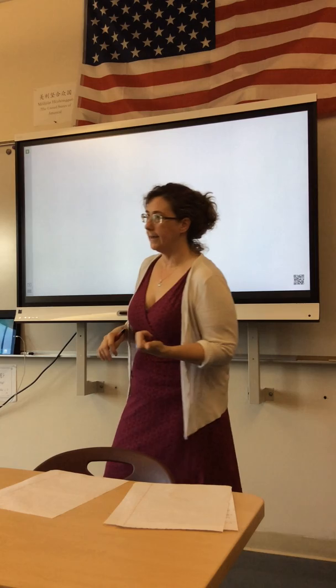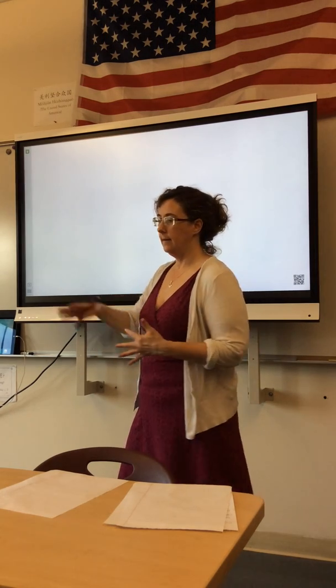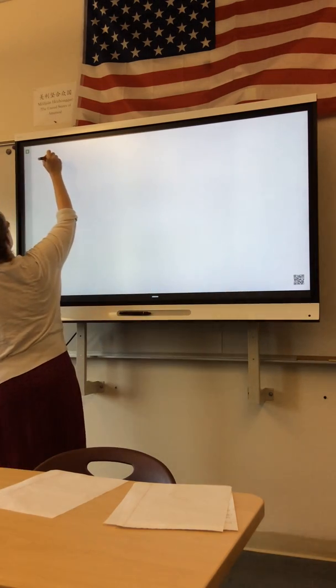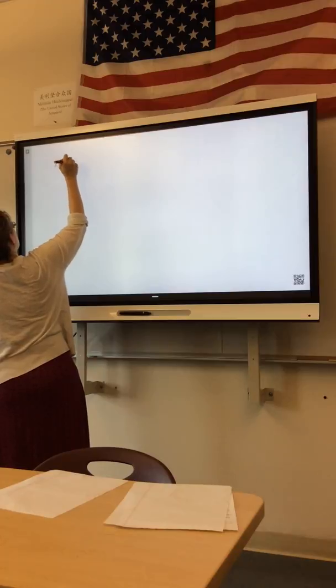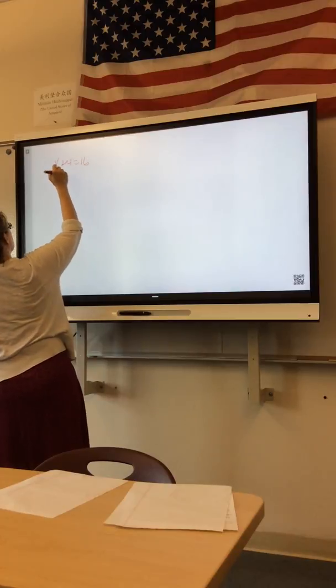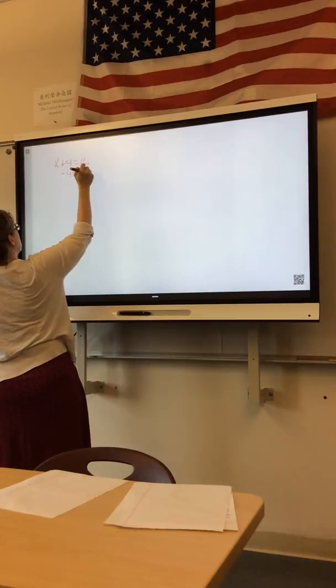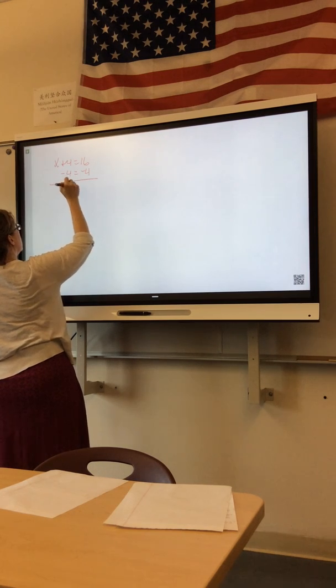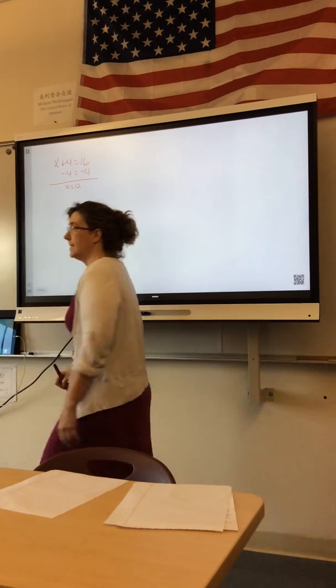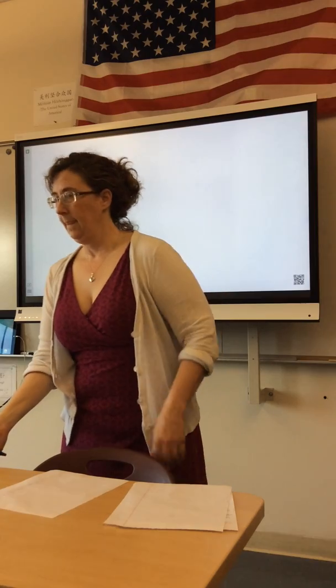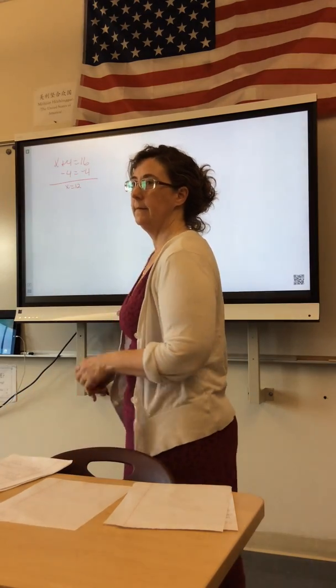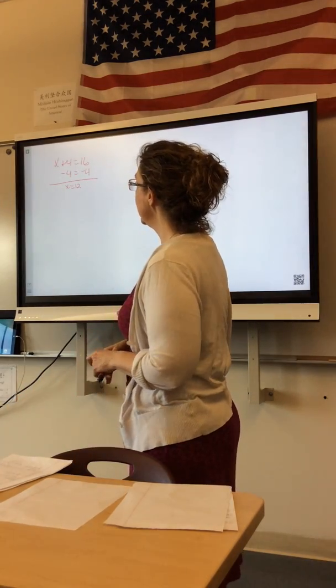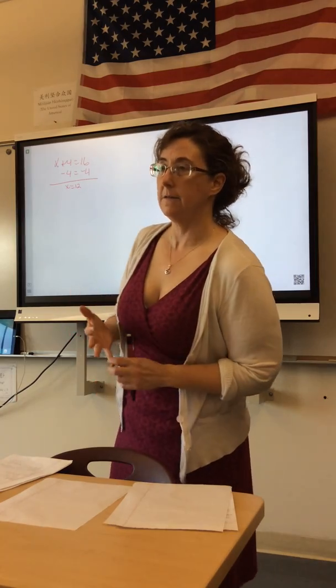So Wednesday you're going to see 1 and 2 step equations. As a review, a one-step equation with addition. So x plus 4 equals 16. I need to get x by itself.